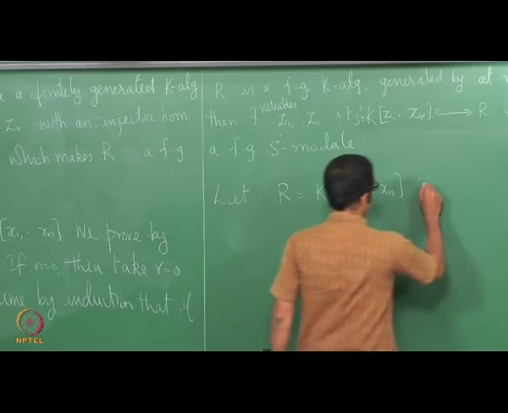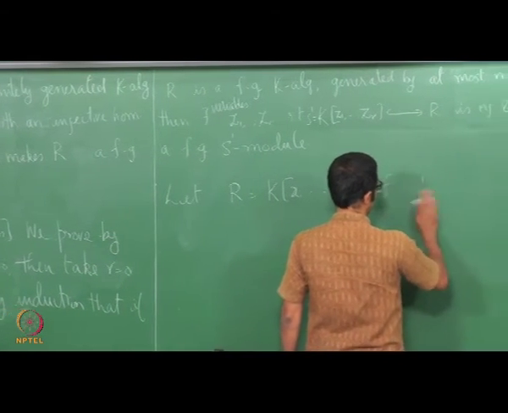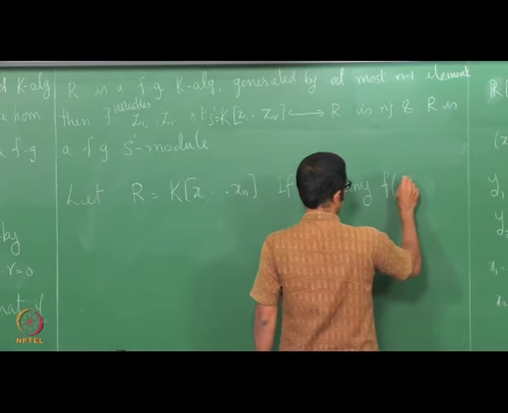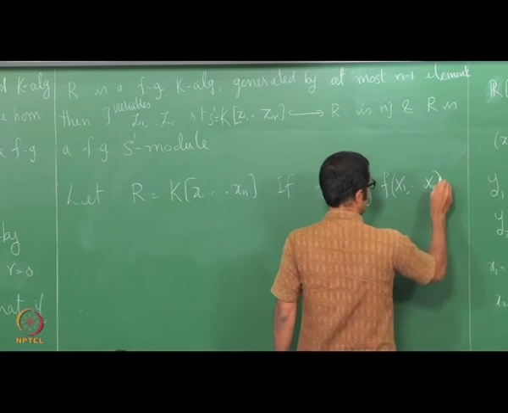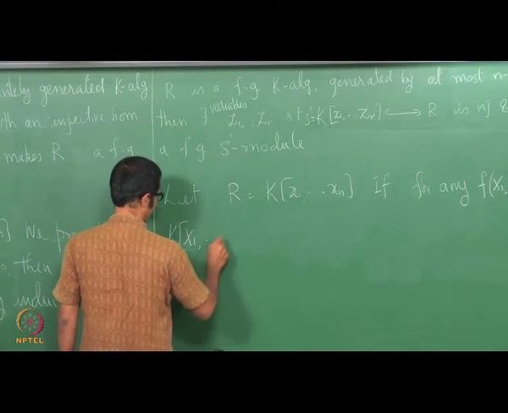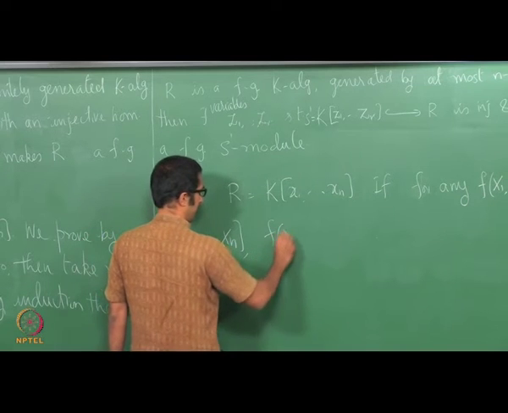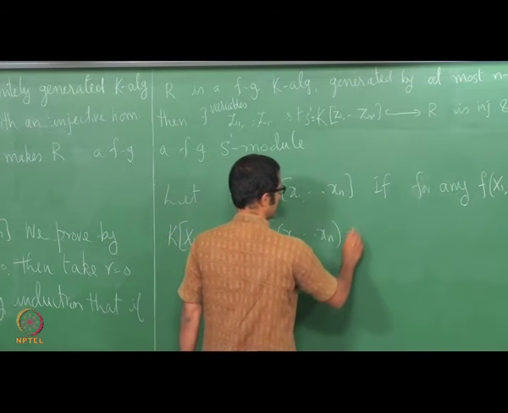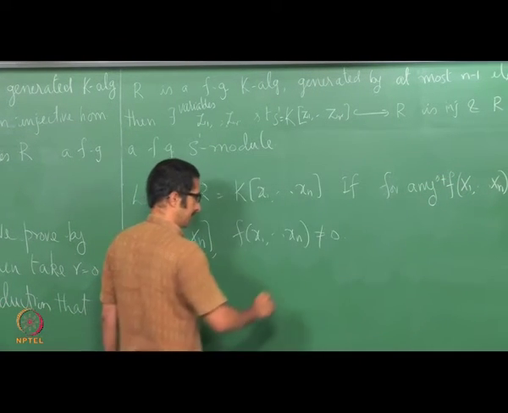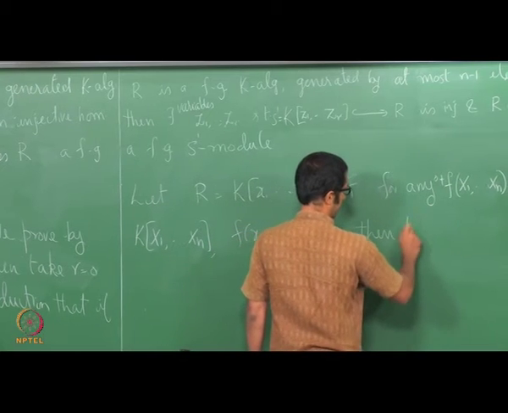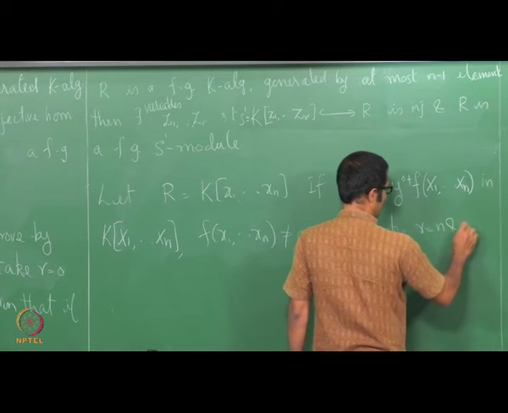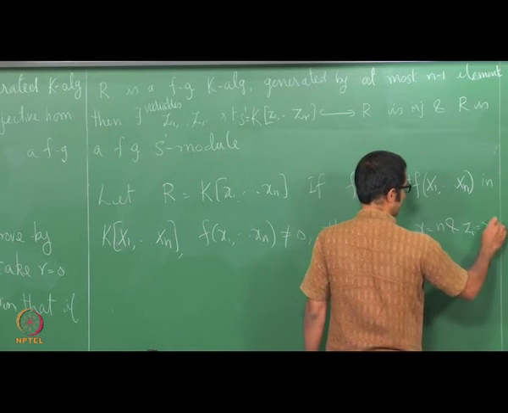Okay. So, if for any f, let us say polynomials in k[x1 up to xn], f of x1 up to xn is non-zero for any non-zero polynomial, then take n, r equal to n and zi equal to xi.